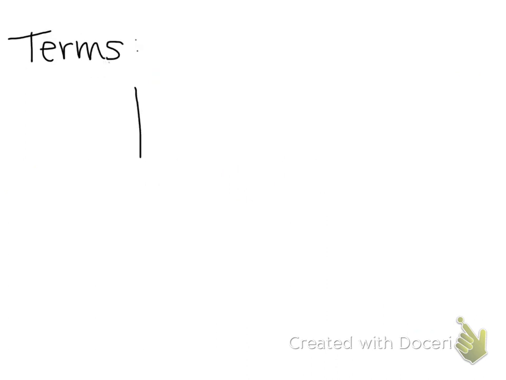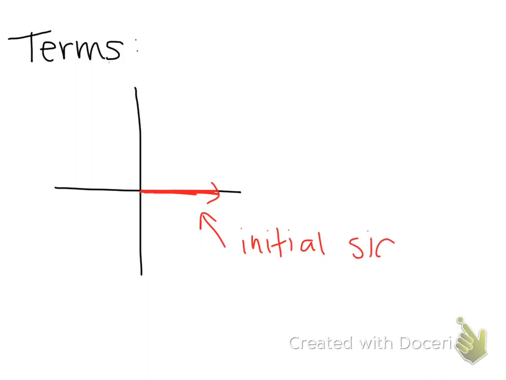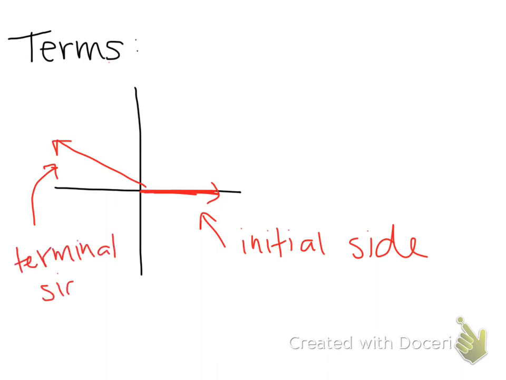You will have two parts, or kind of three parts, to the angle. So this right here is what we call the initial side of an angle. And then wherever the angle ends up, let's just say it's there, that's what we call the terminal side of an angle.